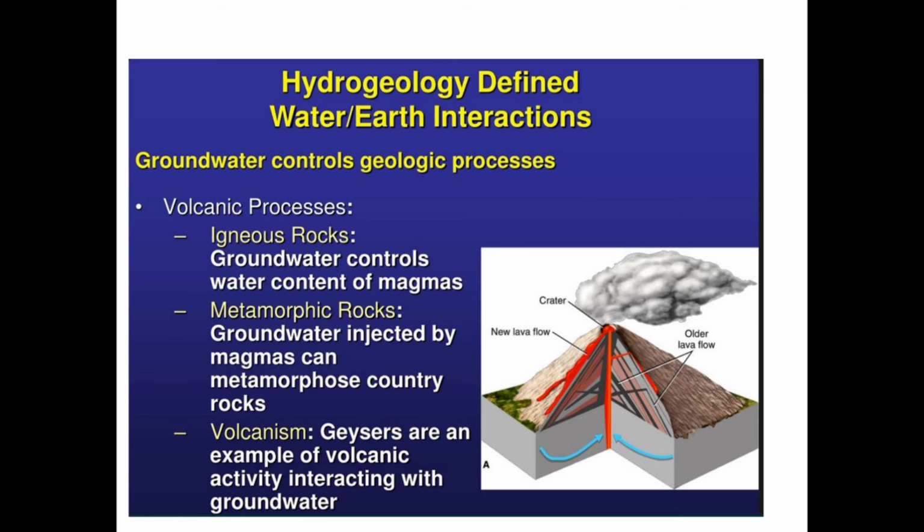For igneous rocks, the groundwater controls the water content of magmas. And for metamorphic rocks, the groundwater injected by magmas can metamorphose the country rocks. So the properties of these rocks you have already studied in our first module. Then volcanism, glaciers are an example of volcanic activity interacting with groundwater.